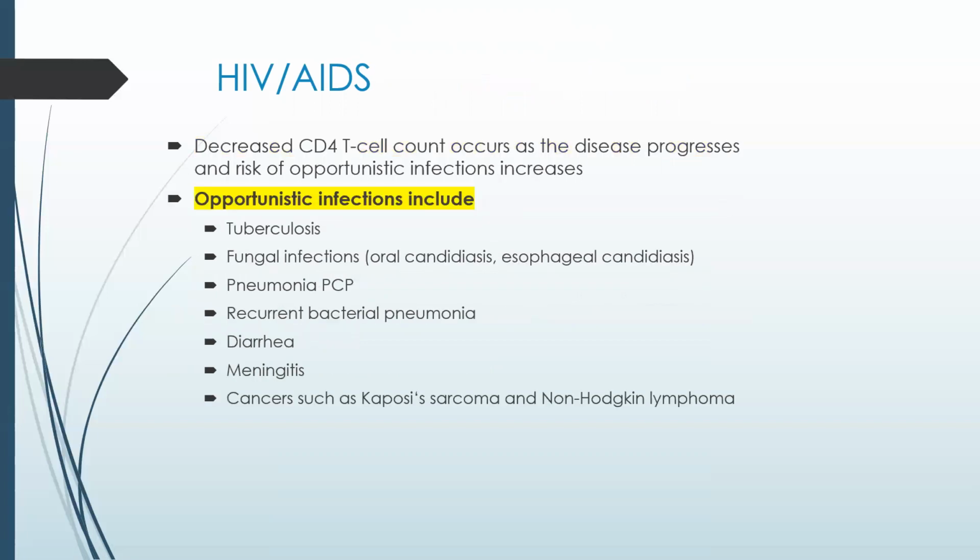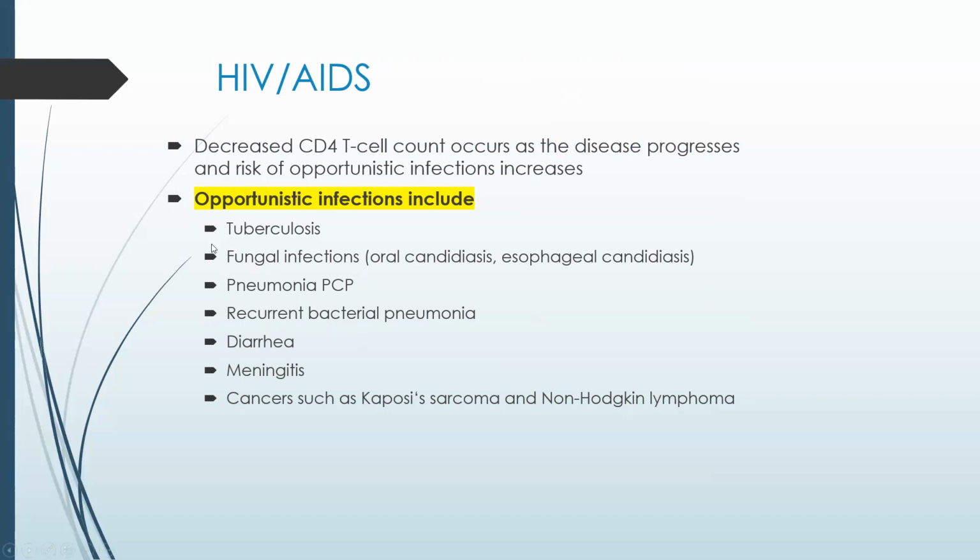So decreased CD4 T cell count occurs as the disease progresses and the risk of opportunistic infection increases. As the CD4 count goes down, the patient is more susceptible to infections, cancers, oral manifestations in the mouth, candidiasis, pneumonias, and all kinds of different things.